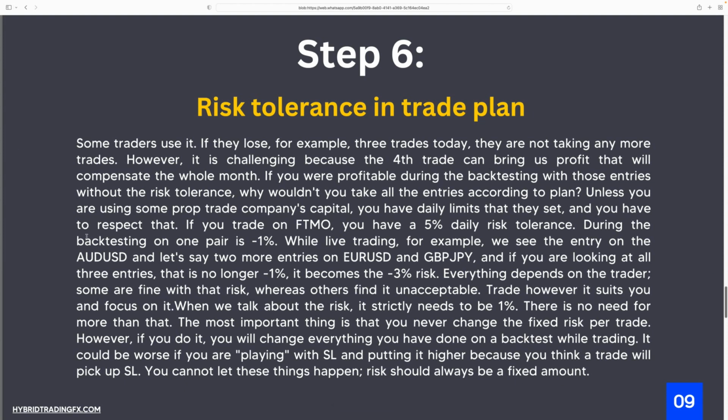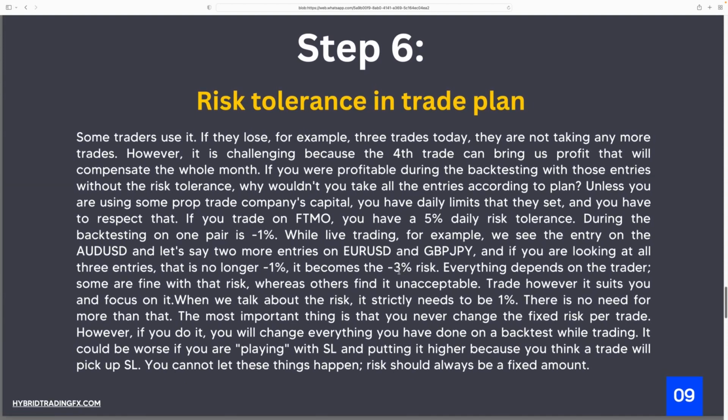You can read this whole text and you're going to know what I'm talking about. For example, some traders have the rule that if they lose, let's say, 2 trades in a row today, they're not going to trade. I do not like that rule. I do not agree with that rule.